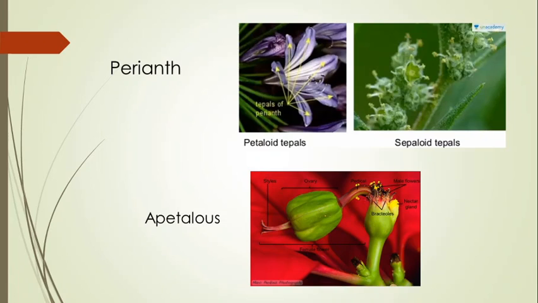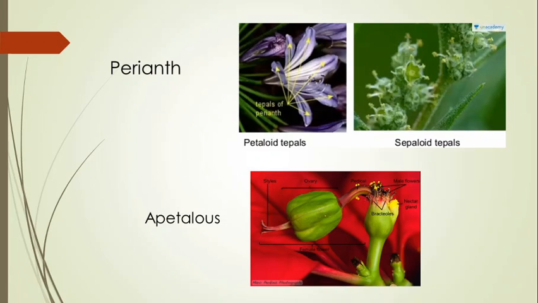Petaloid tepals resemble the petals that we find in corolla. So they are colorful and conspicuous structures, while the sepaloid tepals are green leaf-like small structures which resemble the sepals of the calyx. There are cases where we find apetalous conditions in which there are no petals or even sepals.